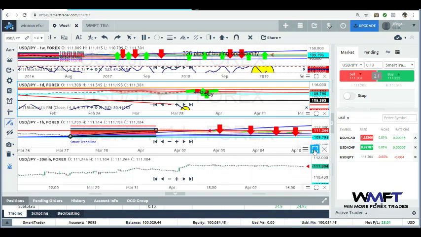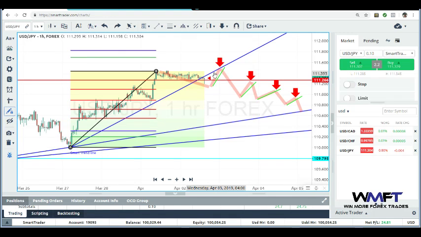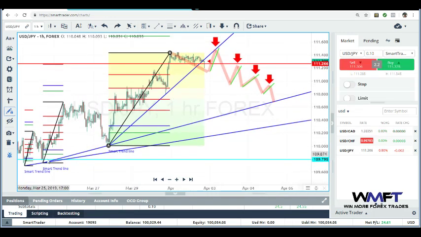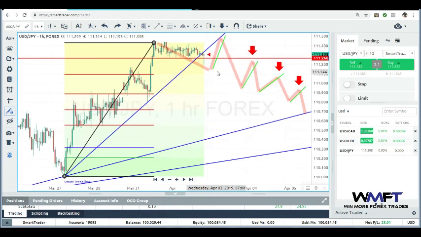When we go to the 1 hour time frame, first things first, we have a 1618 extension that has been hit on the Fibonacci swing. And once the market hits a 1618 extension, the market likes to retrace. Secondly, we have the market right now breaking this uptrend line.